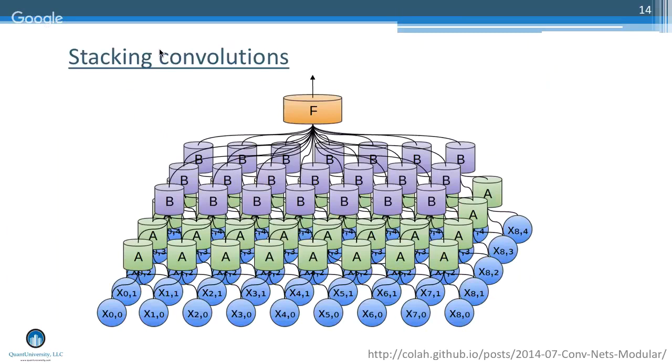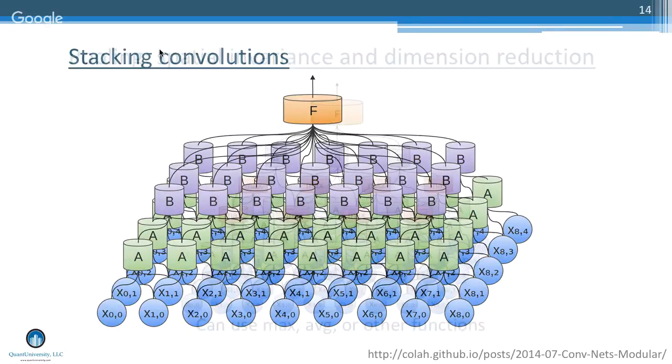So if you notice, this x00 point only has an influence on that bottom corner at the A level, but over time you can aggregate information if you have more and more of these layers. The further down in the network you are, the bigger the receptive field of a particular unit gets. And so eventually you can have things that indirectly depend on a large part of the image.